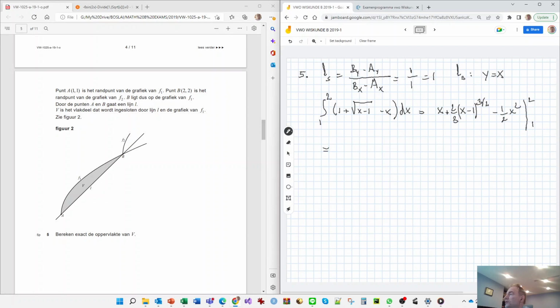Well, just substitute, right? Get 2, and 2 minus 1, well, to any power is 1, so I get 2/3 minus 1/2 times 2 squared, which is minus 2, and then minus 1, 0 negative, minus 1/2.